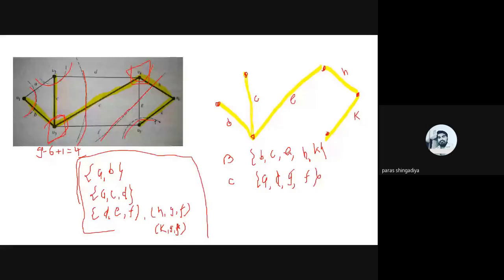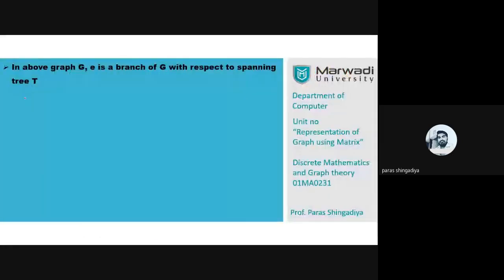So this is the explanation of this one. In the above graph G, E is a branch of G with respect to the spanning tree T. This phrase, with respect to spanning tree T, is important for us. It means if you change the spanning tree, then your answers will change. Consider the cut set DEF of the graph G. We know that DEF is a fundamental cut set.